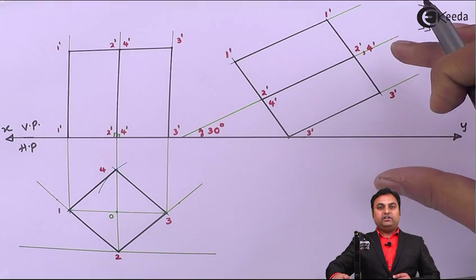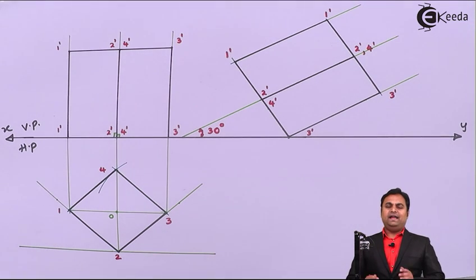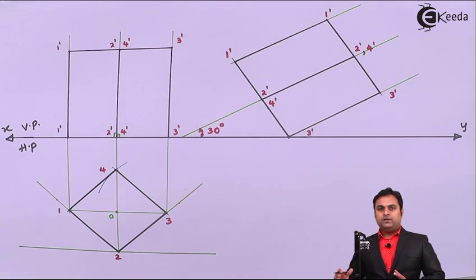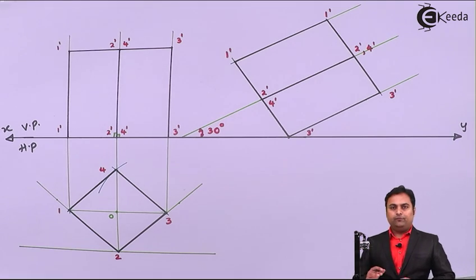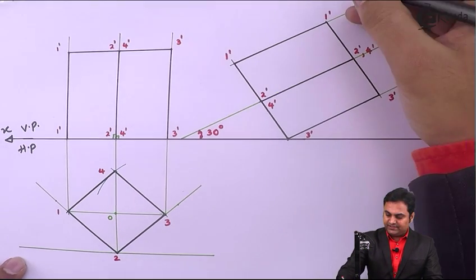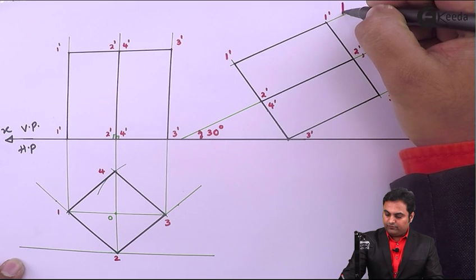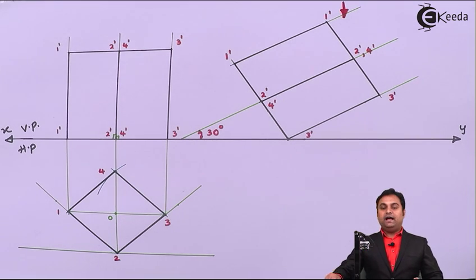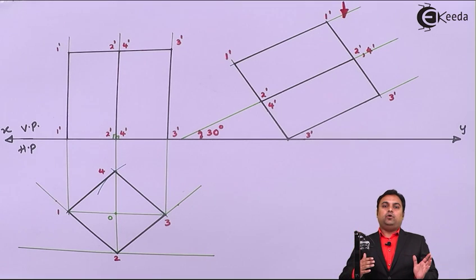once I have drawn the front view, then as per the visibility I have to draw the top view for this tilted square prism. In case of drawing the top view, my direction is here, that is I am looking at the prism from the top. So when I am looking at the prism from the top, it has two square faces. One is at the top and other is at the bottom.